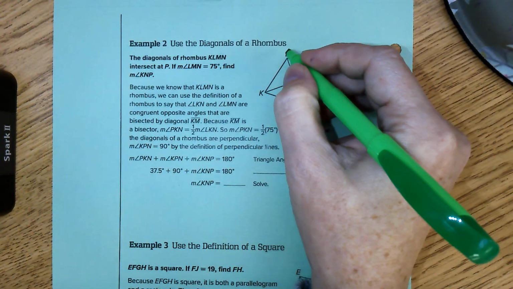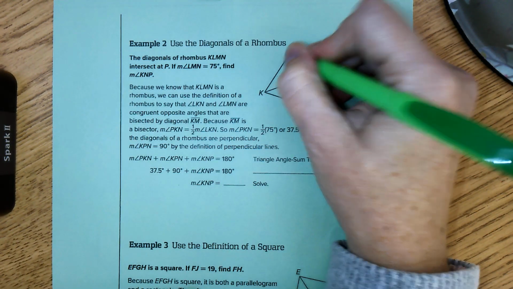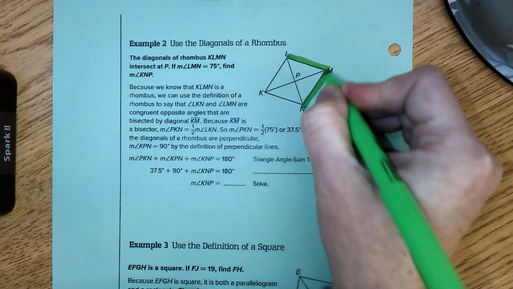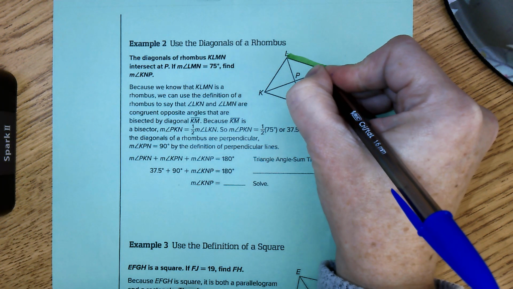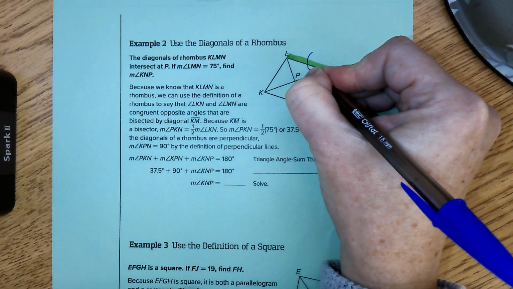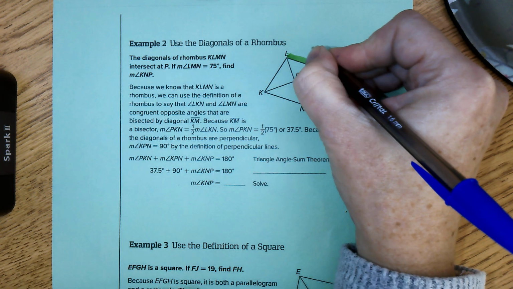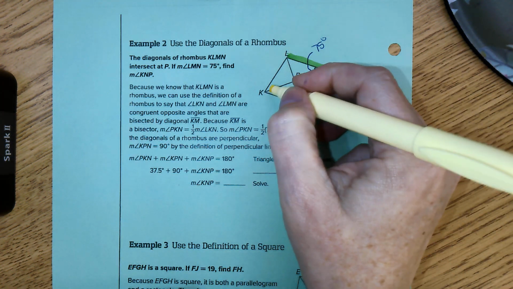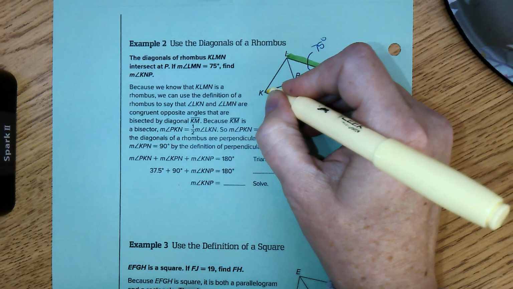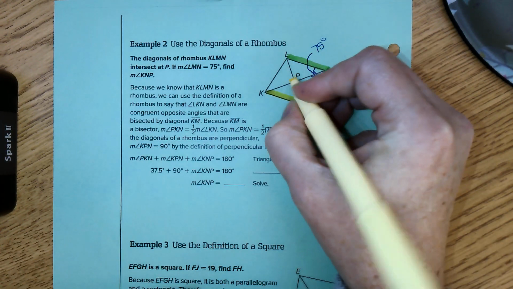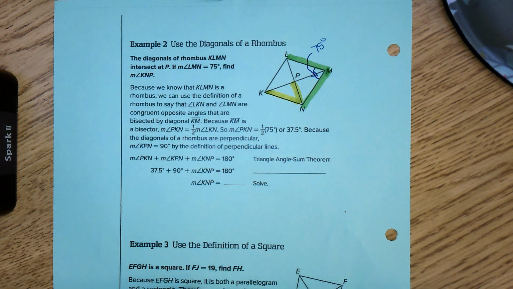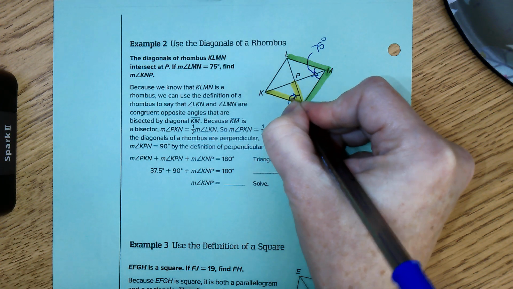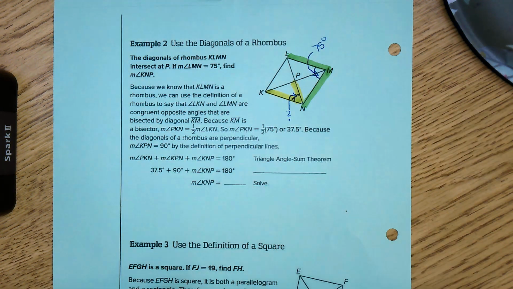So if angle LMN, this is the whole big angle, LMN, okay, if this entire thing is 75 degrees, what is the measure of angle KMP? Okay, what's the measure of this? Okay, that's what we're searching for.